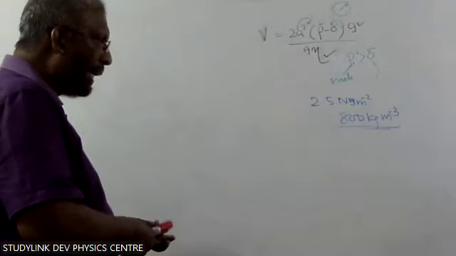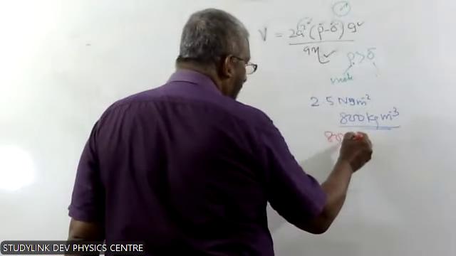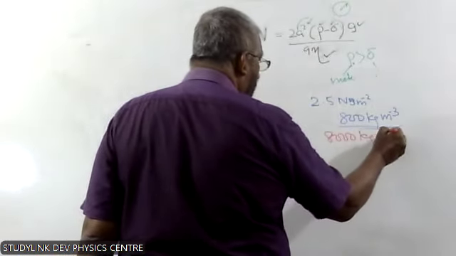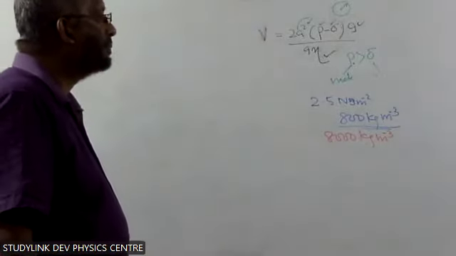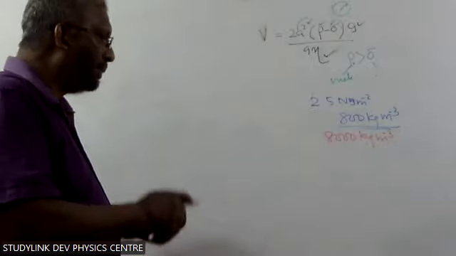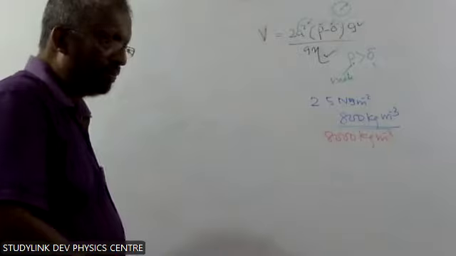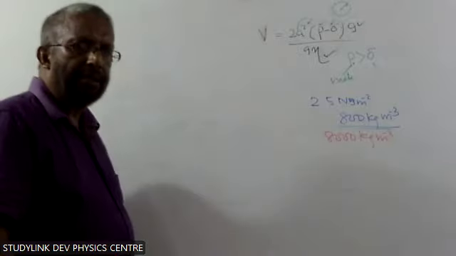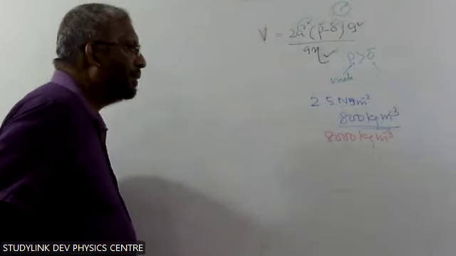Density of steel is 8,000 kilograms per cubic meter. Find the terminal velocity of the sphere.